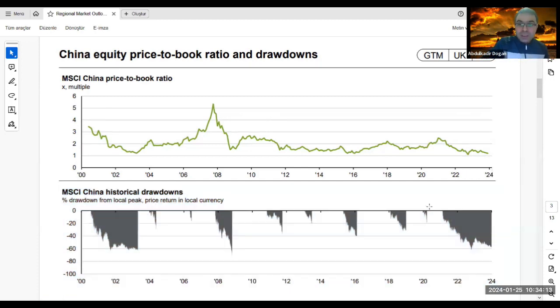During the COVID crisis, we have approximately 60 basis points, price returning in local currency. So China is decreasing approximately 60 basis points from its average line, and is really cheaper. This has only happened approximately 20 years ago and only in the crisis period. So China is cheaper and you can buy China.